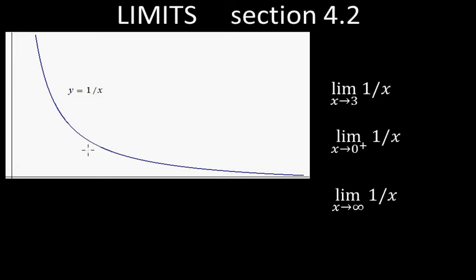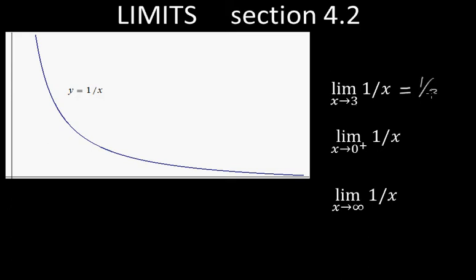So we'll begin by just looking at the curve y equals 1 over x for x greater than 0. And let's just look at three different limits. As x approaches 3, the limit of f of x, or the limit of 1 over x, as x approaches 3 is equal to, well, that's pretty easy.